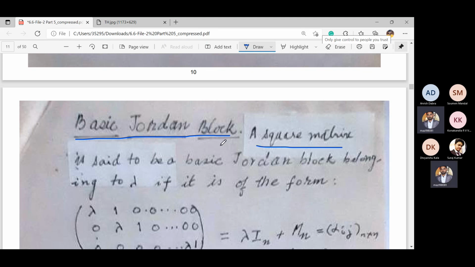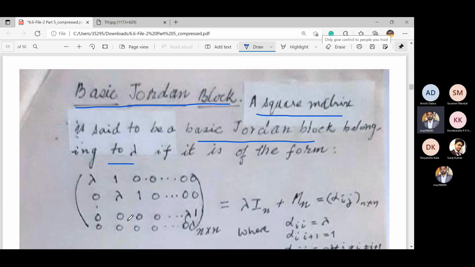So a square matrix is said to be a basic Jordan block belonging to lambda if it is of this form. If a linear transformation has lambda 1, lambda 2 or any number of characteristic values, we get a basic Jordan block for each eigenvalue lambda. On the diagonal we have lambda, the eigenvalue with respect to which we are finding the basic Jordan block, and the matrix is n cross n.